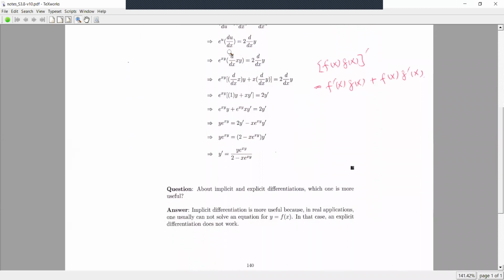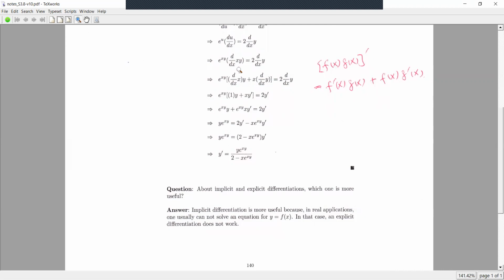To compute this derivative, I apply the product rule because the function is a product. X depends on x, it is a function. Y depends on x, y is a function of x.